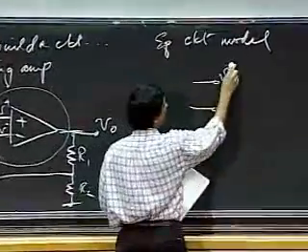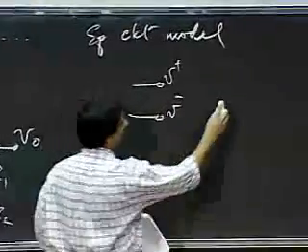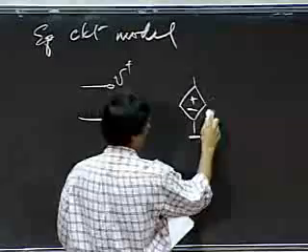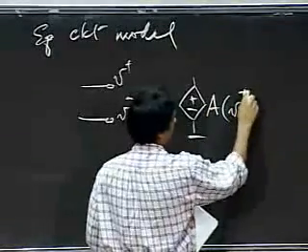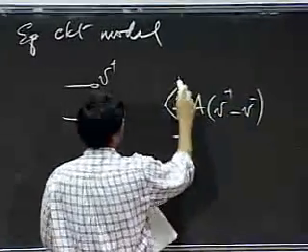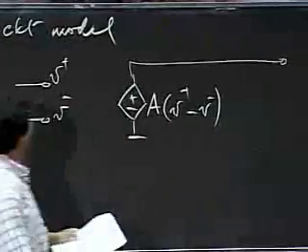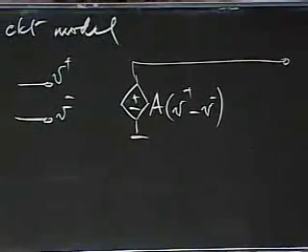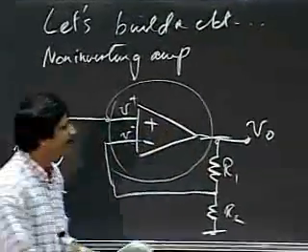Its equivalent circuit was V plus, V minus. So that was the equivalent circuit model of the operational amplifier, just this piece. So I draw that for you.